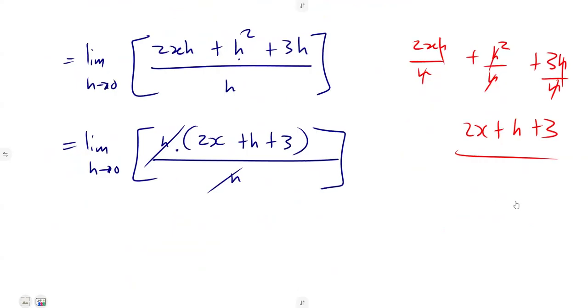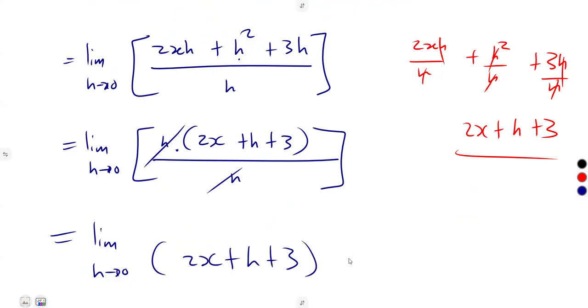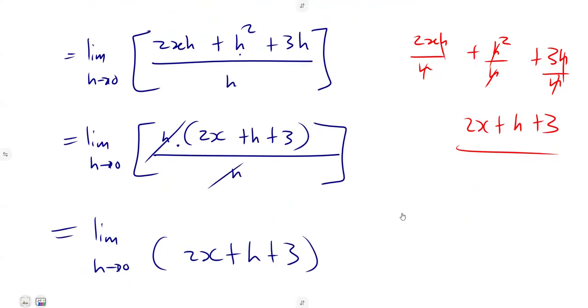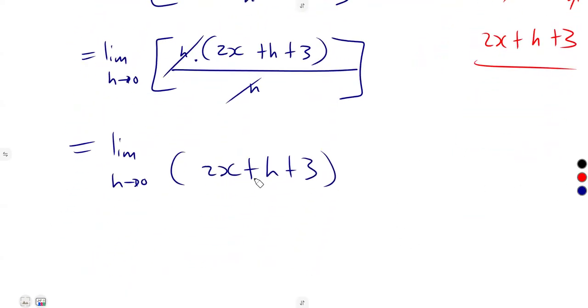Thus, we can use our limit when it is like this. Our limit can be applied on 2x plus h plus 3 as h approaches 0. It means where there is h, put a 0 there. So that is going to give us 2x plus 3.